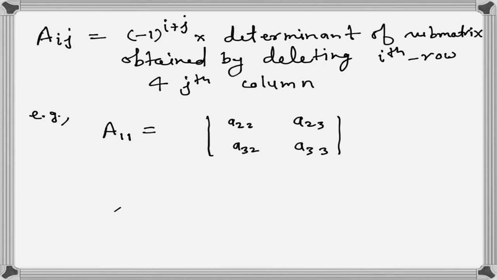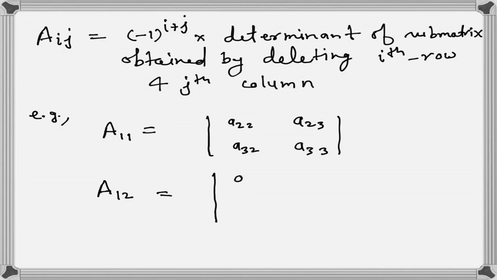Similarly, we can define the other Aij. So let's see what A12 is. A12 is nothing but you delete the first row and the second column.